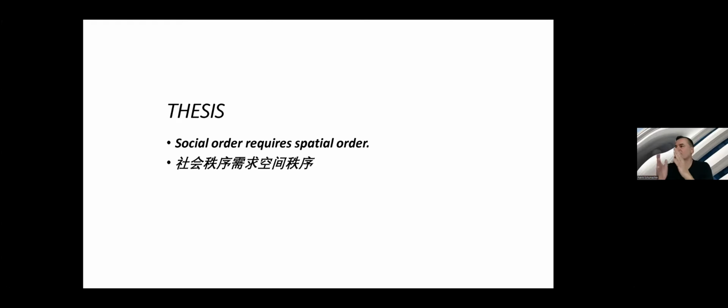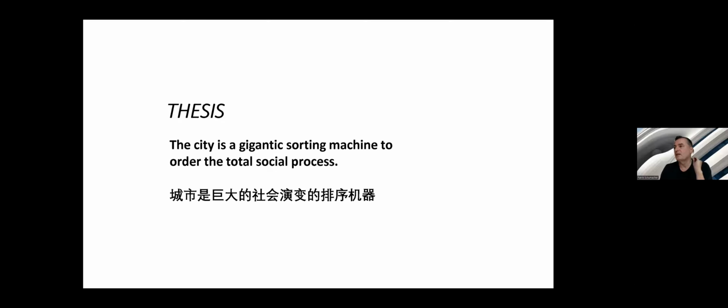So the first thesis is social order requires spatial order. And that's why we can build up large societies, much larger than small groups of primates who don't have a structured environment. One of the reasons, at least.